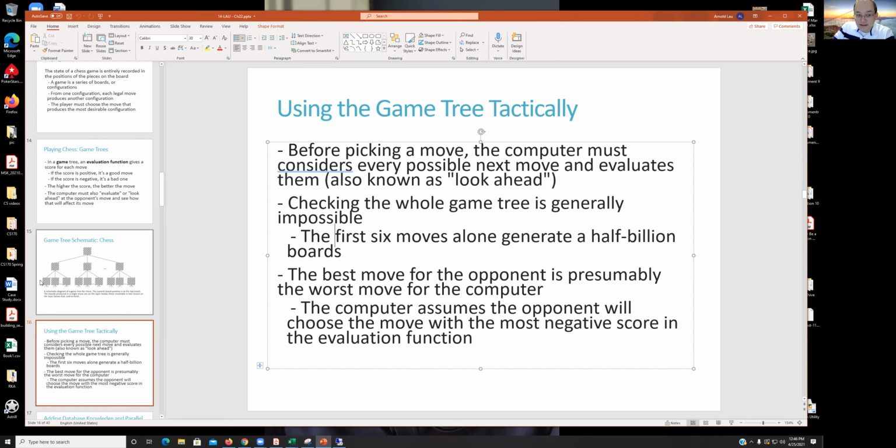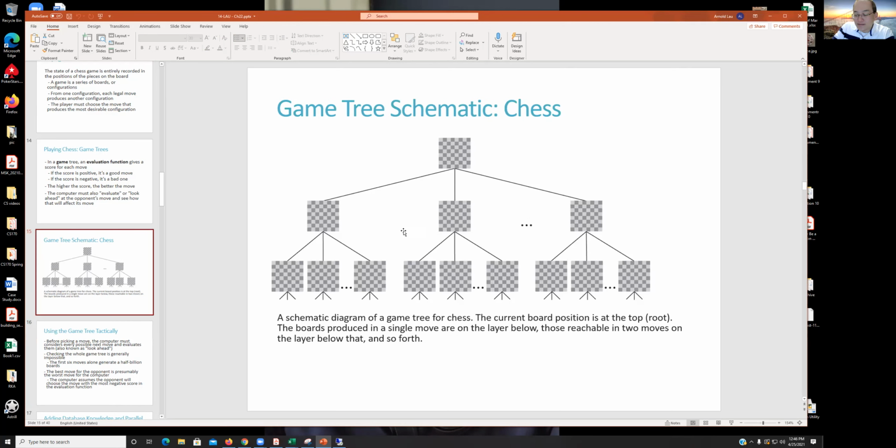But coming back to here, you can have a lot of boards. But once I do one move and come to here, I don't have to worry about all these other boards here. Once you come down to here, and then down to here, in theory, yes, if I go through the 6 levels and count all of these, that's a lot of boards.